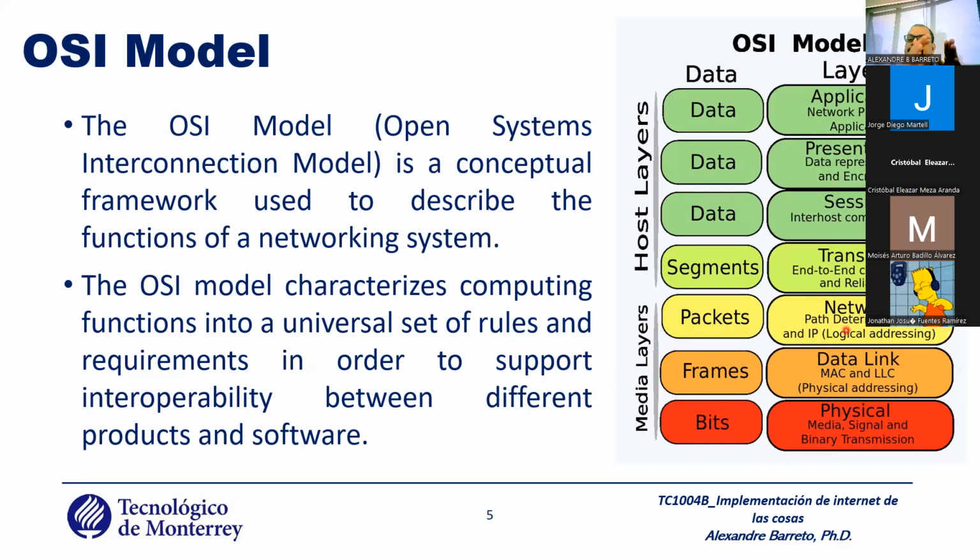The network layer is responsible to define the path that the data will pass from the originator to the target. You have the transport layer that is responsible, for example, to define whether the communication is reliable or not reliable.